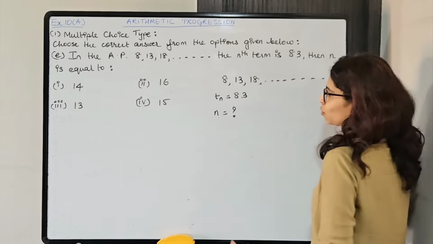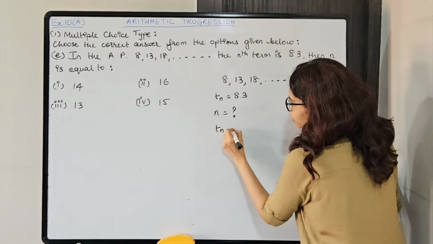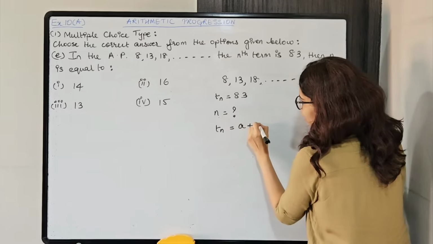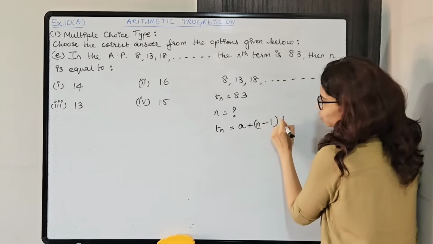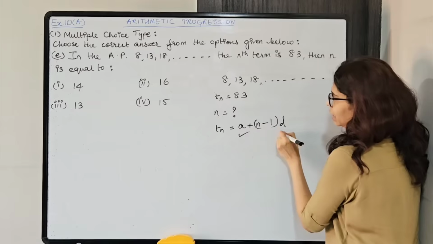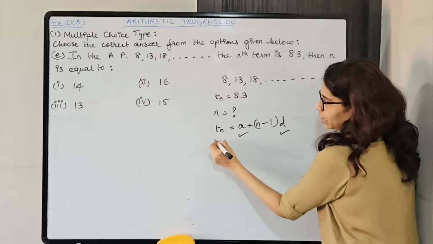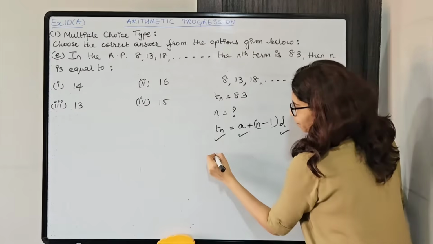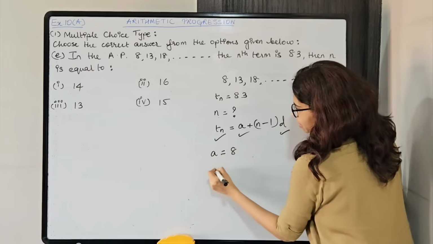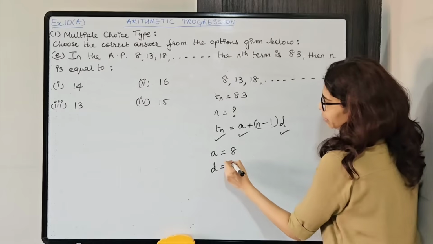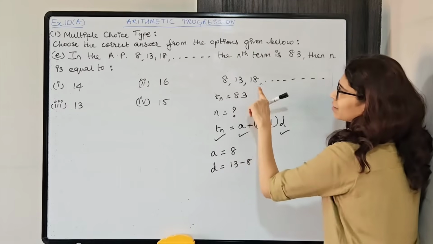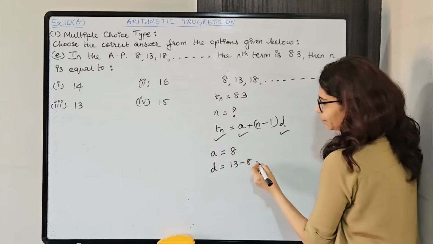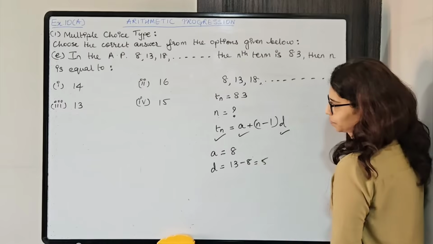Okay, so we'll be using the formula Tn is equal to a plus (n minus 1)d. a and d I'll get from the AP. Tn दिया हुआ है, n easily मिल जाएगा. Okay, so a is 8, d will be 13 minus 8 or you can consider 18 minus 13. ठीक है, so 5 हो जाएगा.